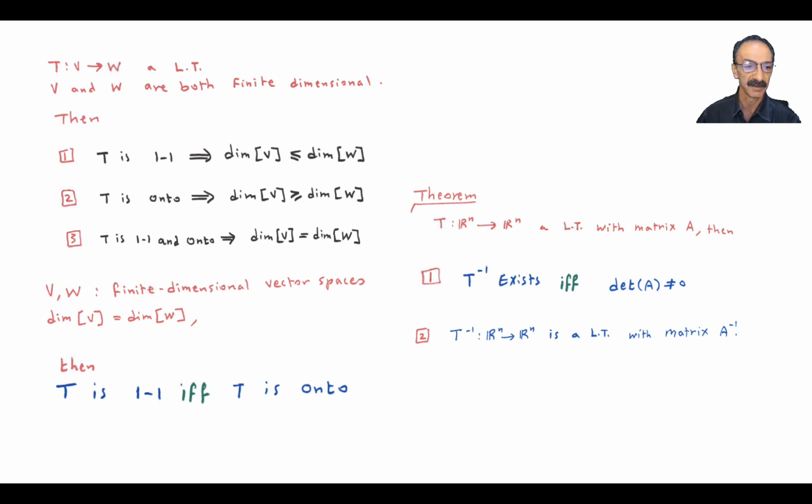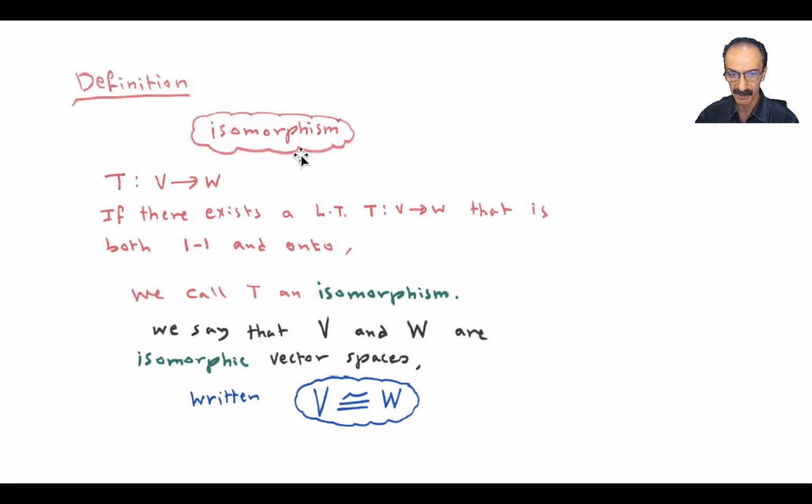Here's something that in this section you want to keep in mind, which is not too complicated, but it's a new name or phrase that we use: isomorphism. T takes you from V to W. If there exists a linear transformation T from V to W that is both one-to-one and onto, we call T an isomorphism.